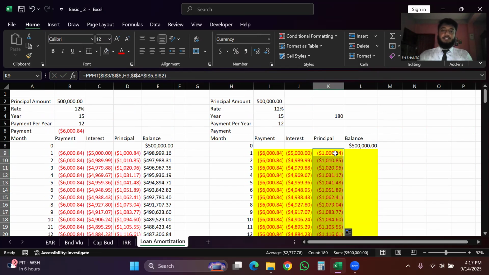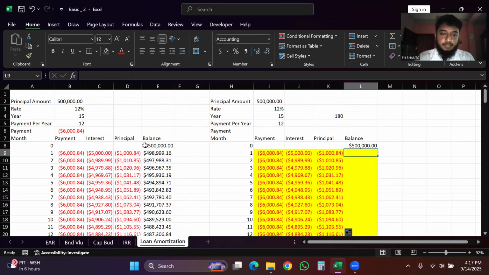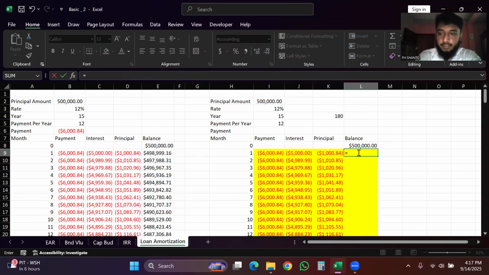Now, after this, what will be the balance after the interest, principal, and payment? In this process, we can calculate by equal to the balance minus the first bracket minus the principal amount.